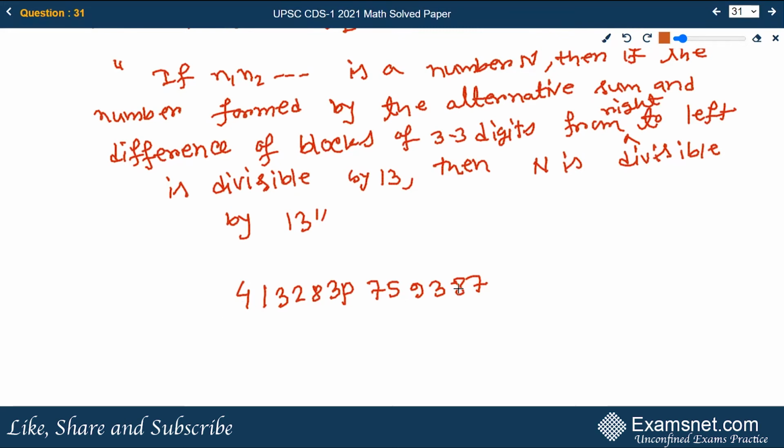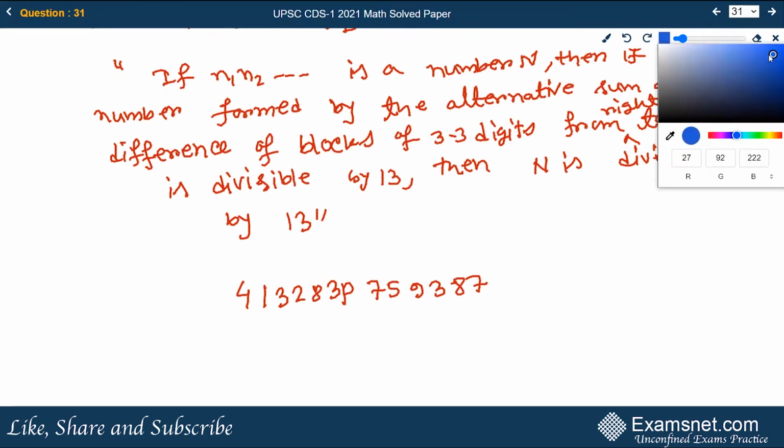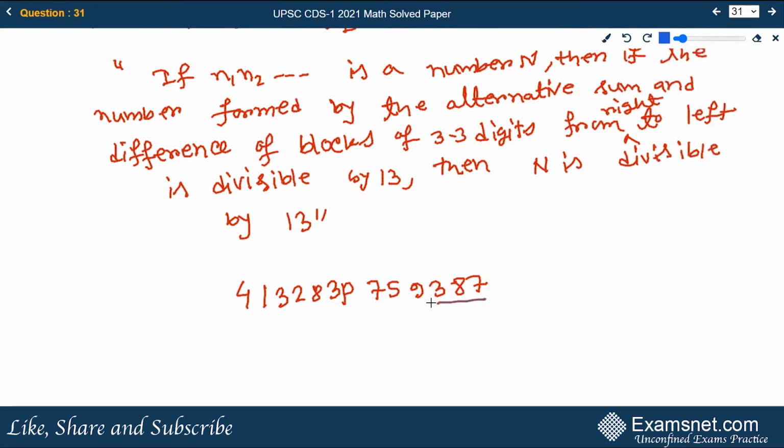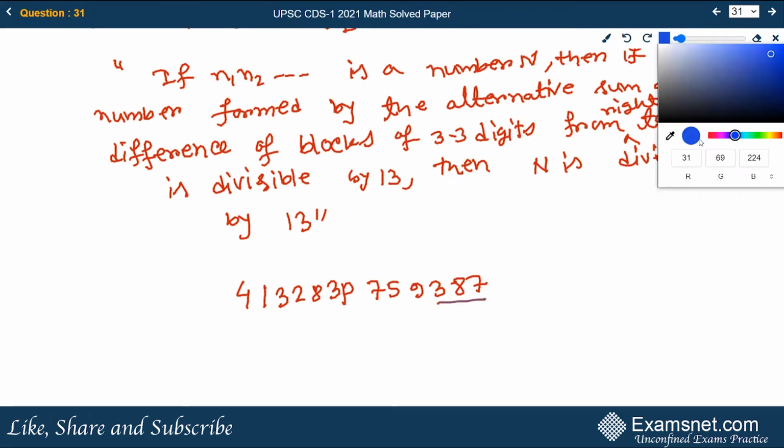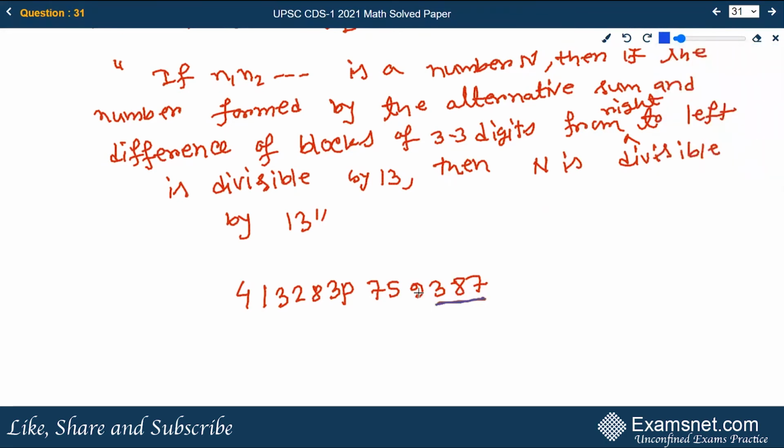We will take blocks of 3 digits. So these are the blocks of 3 digits: 387, 759, 83P, 132, and 4 is remaining single.